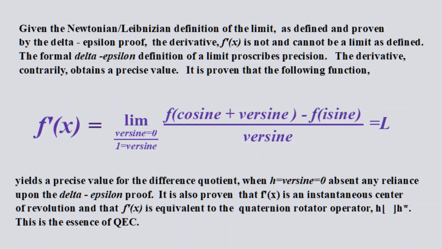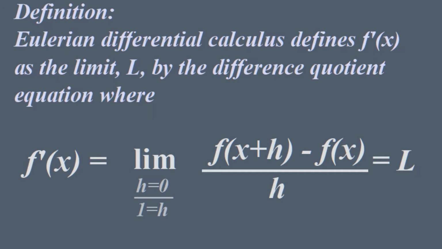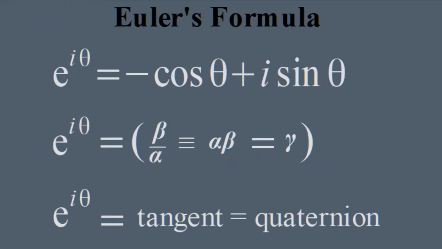Therefore, formally, we may state the following. Quick is quintessentially trigonometric. The whole of trigonometry, and therefore the whole of Quaternionic or Eulerian differential calculus, is ensconced within Euler's formula. But Euler's formula may also be expressed as the ratio of two quaternions as follows.